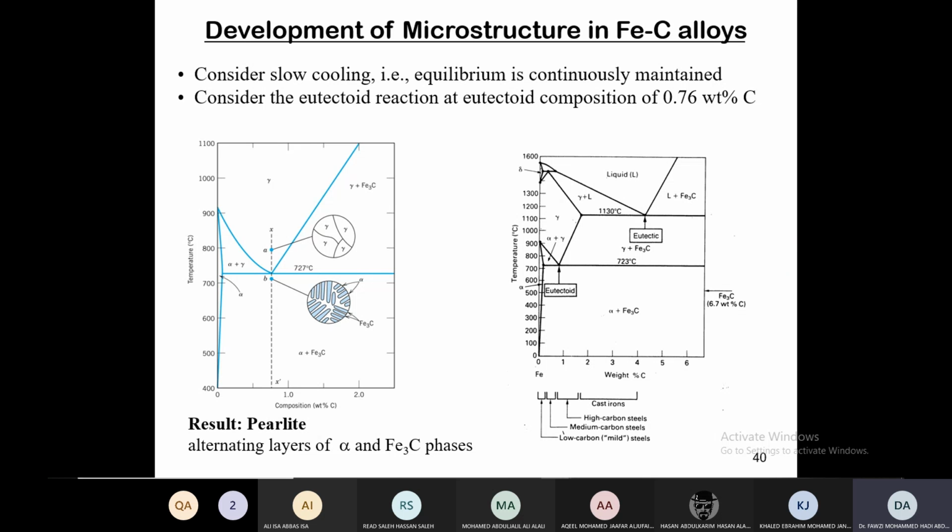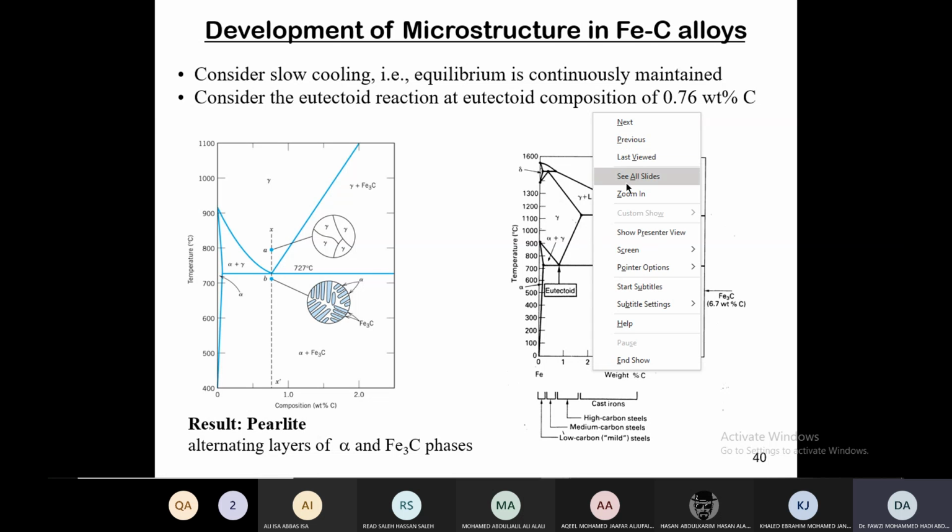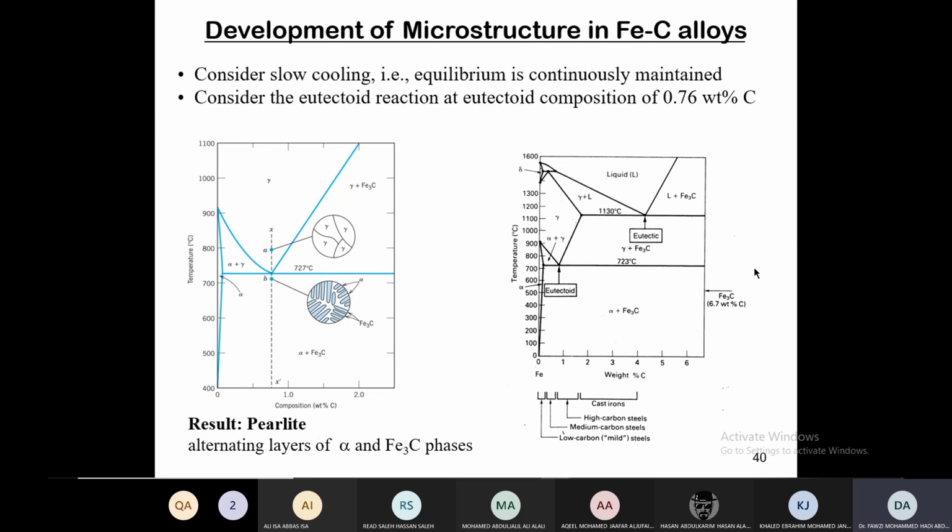In the same way that we talked about the development of the microstructure in the different systems we have seen, the binary isomorphous and the binary eutectic, we also want to see how the development of the microstructure occurs in the iron-carbon alloys.